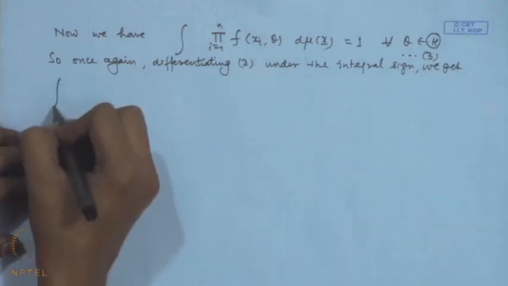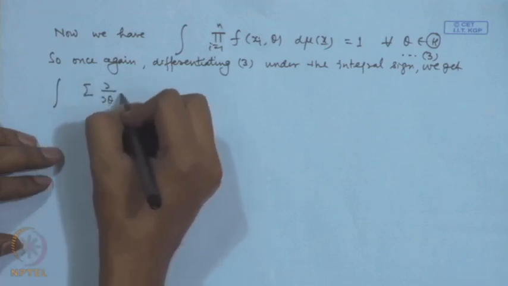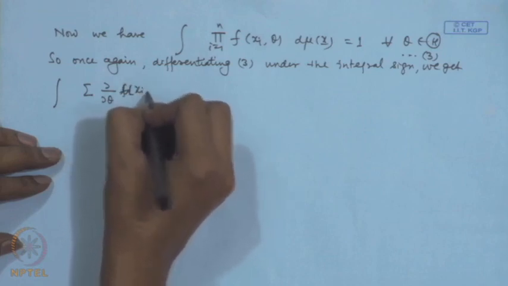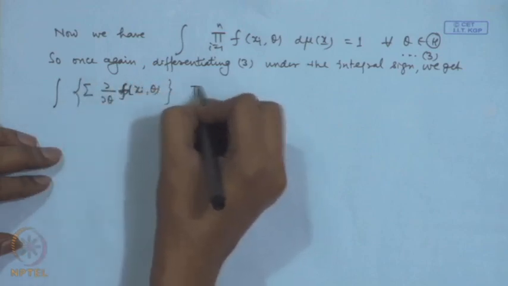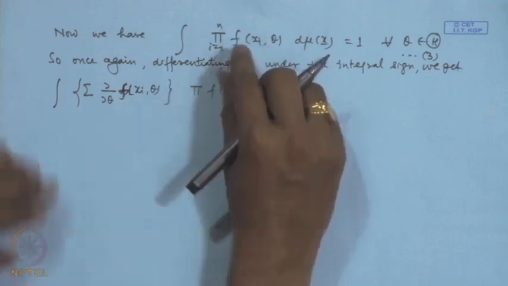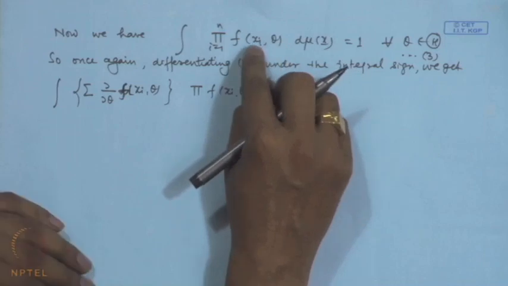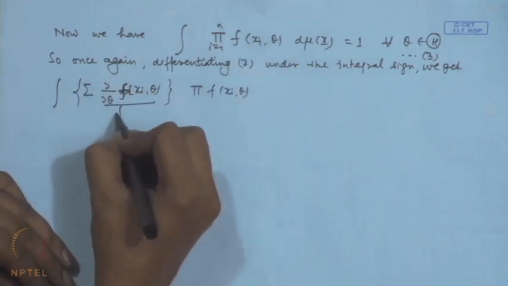we get sigma del by del theta f x i theta into the product of f x i theta. See, if we differentiate one particular term, then the others will be there. So, we can keep that also and then divide by that.